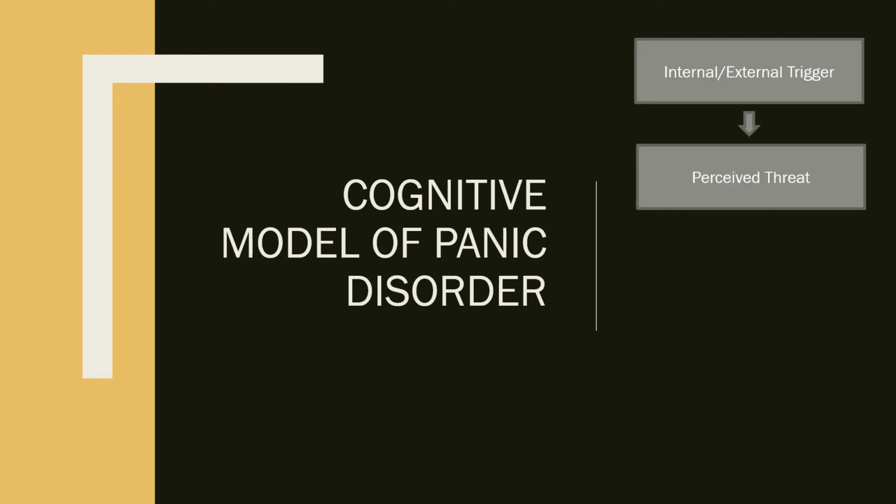So when there is a triggering situation, people with panic disorder perceive that as a threat. And then similarly to generalized anxiety disorder, people tend to overestimate the level of danger or threat and underestimate their ability to cope with the threatening situation. And because of that, anxiety is aroused.